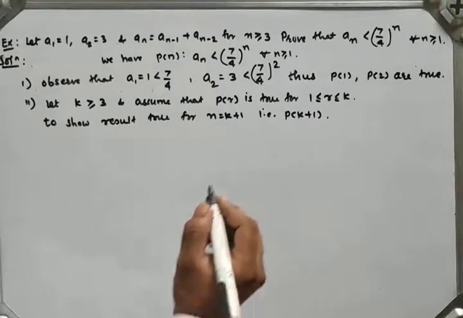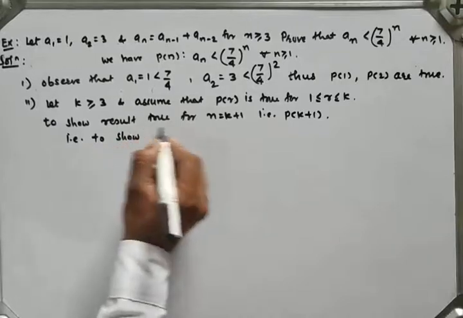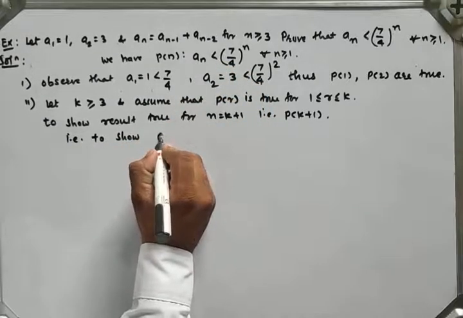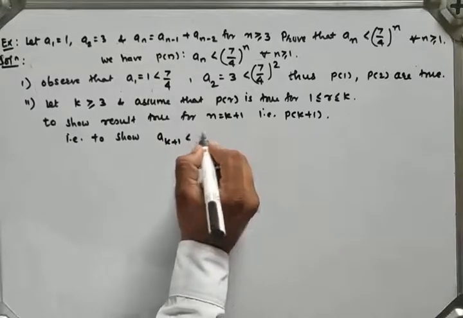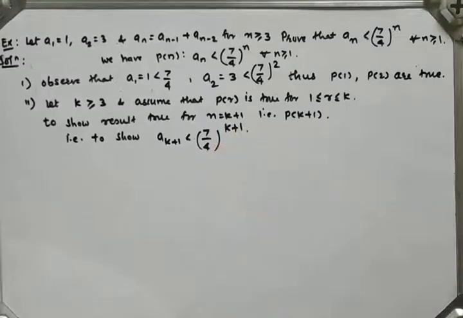What we have to show is that the result is true for n equal to k plus 1, which means here a k plus 1 is less than 7/4 raised to k plus 1.